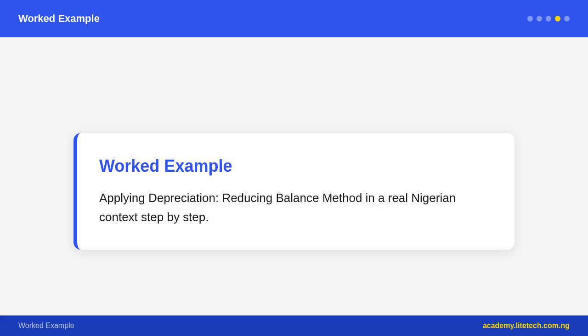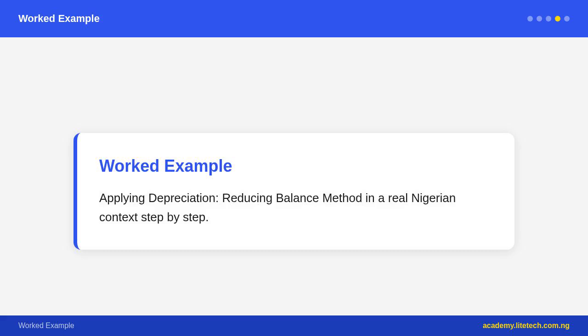Example: equipment 4 million Nigerian nairas at 25%. Year 1 equals 4,000,000 x 25% equals 1,000,000 Nigerian nairas, NBV 3 million Nigerian nairas. Year 2 equals 3,000,000 x 25% equals 750,000, NBV 2,250,000 Nigerian nairas.